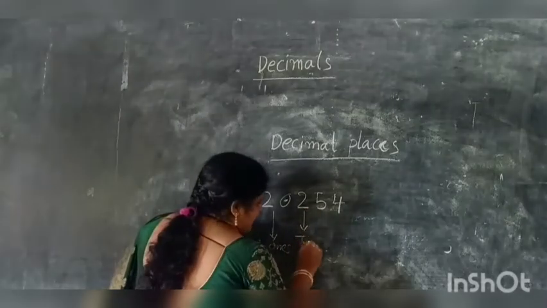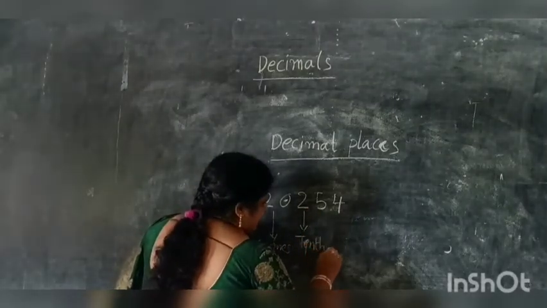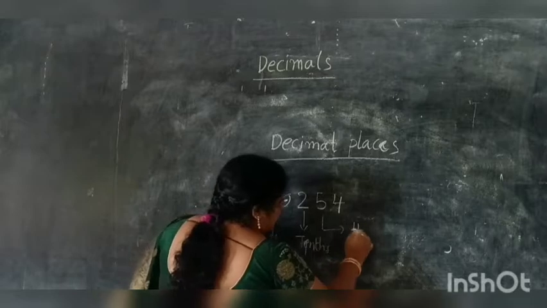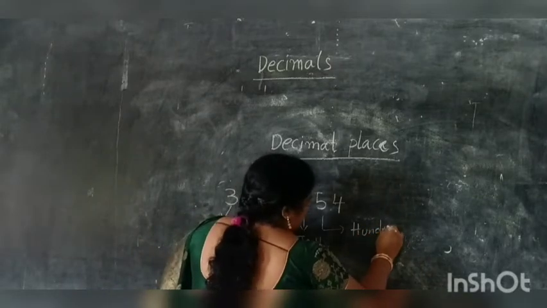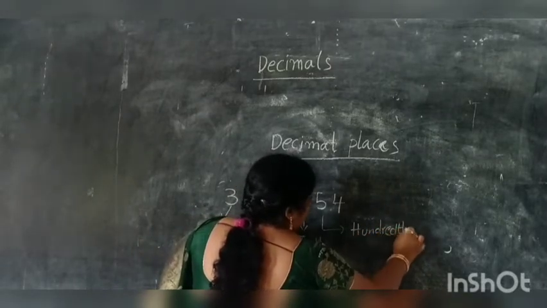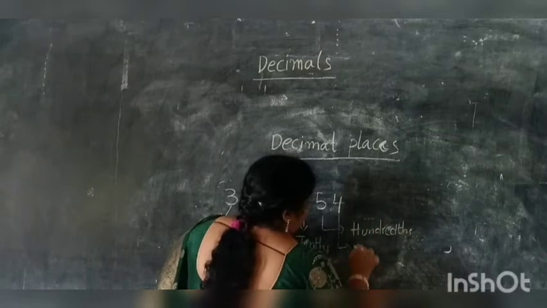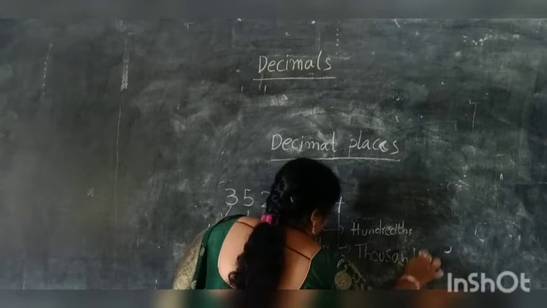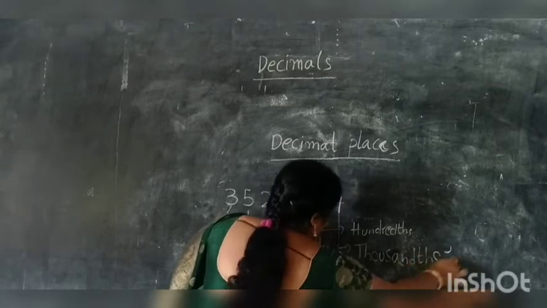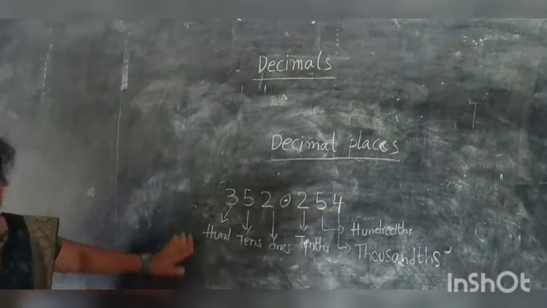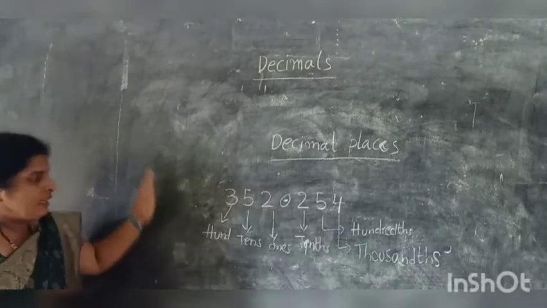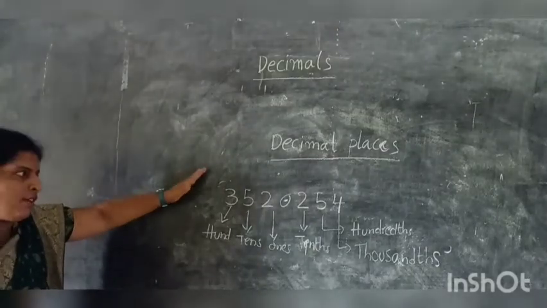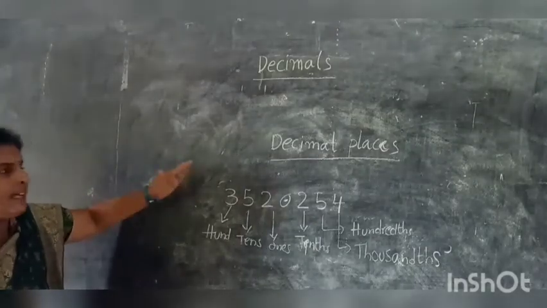This is tens, hundreds, thousands. Understood, children? This is the place value of the given decimal number.